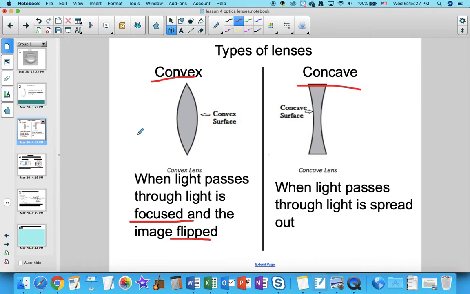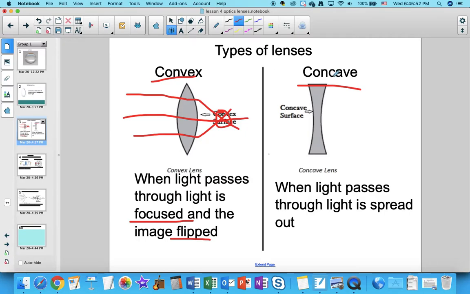When light passes through a convex lens, light is focused into a certain spot. It also causes the image to flip.